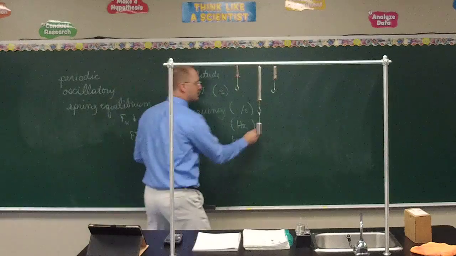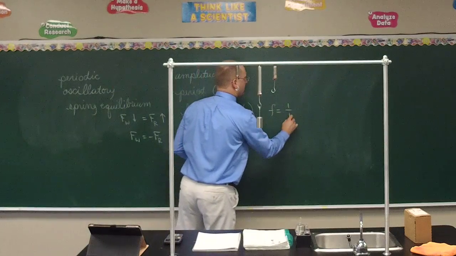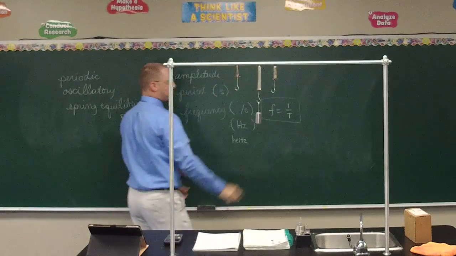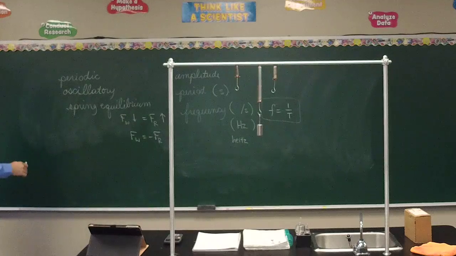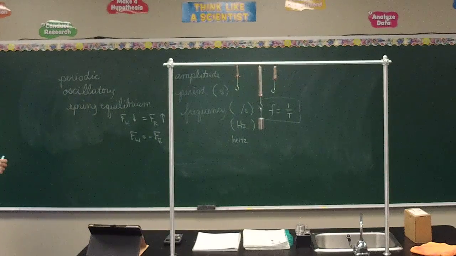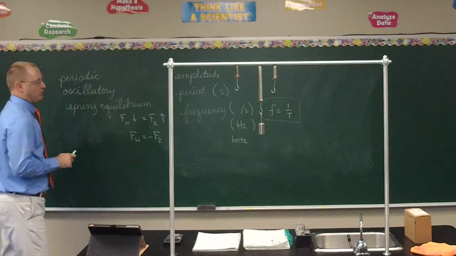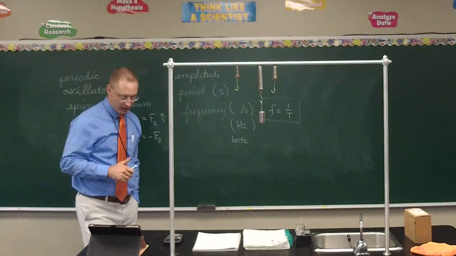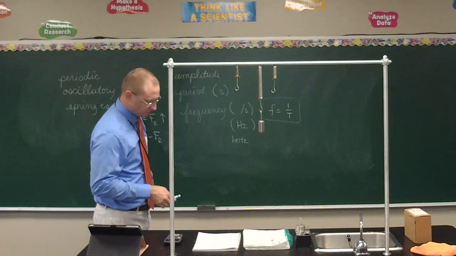It's simply going to be the reciprocal. So frequency is simply the reciprocal of period. We'll represent period with the letter T for time. Capital T, by the way, not lowercase t, which is a generic time, but capital T specifically referring to a period of some kind of repeated movement. So F equals 1 over T. It's the reciprocal of the period.